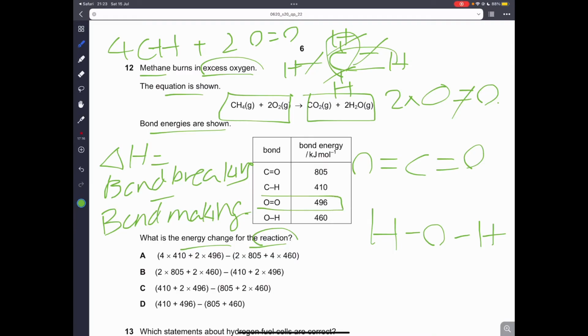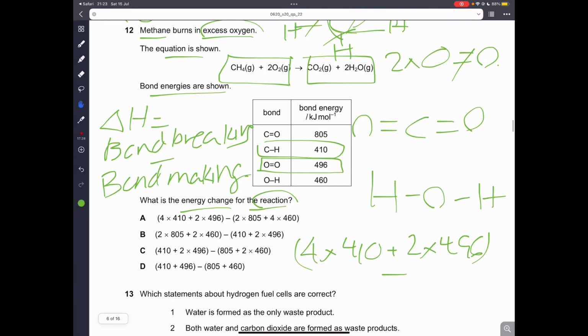So you can just look at the value of C-H, which is 410, so 4 multiplied by 410 plus 2 multiplied by 496. Now this is the bond breaking. We are going to minus it by the bond making. Bond making here is CO2.